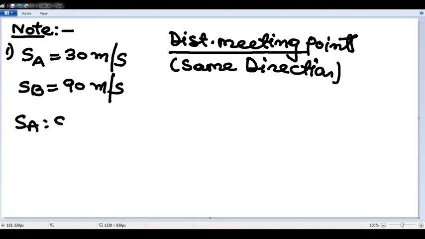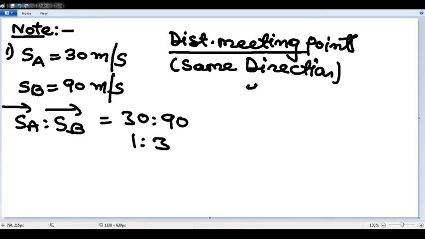SA is to SB, both traveling in the same direction, so it is 30 is to 90, which is 1 is to 3. 3 minus 1 is 2.